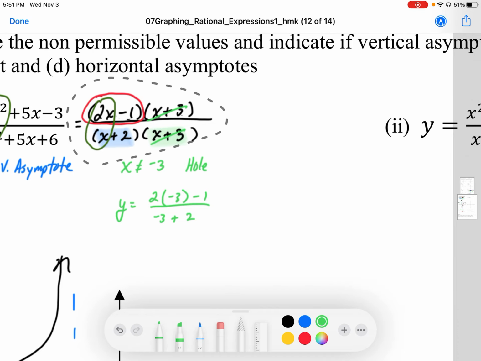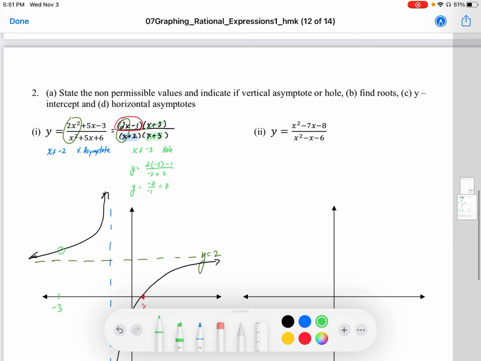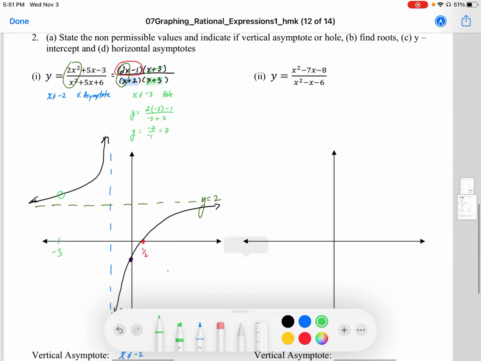Working out the y-coordinate of the hole, it works out to be -7 over -1. That works out to be +7. So this isn't drawn particularly accurately, but that y-coordinate should be at 7.